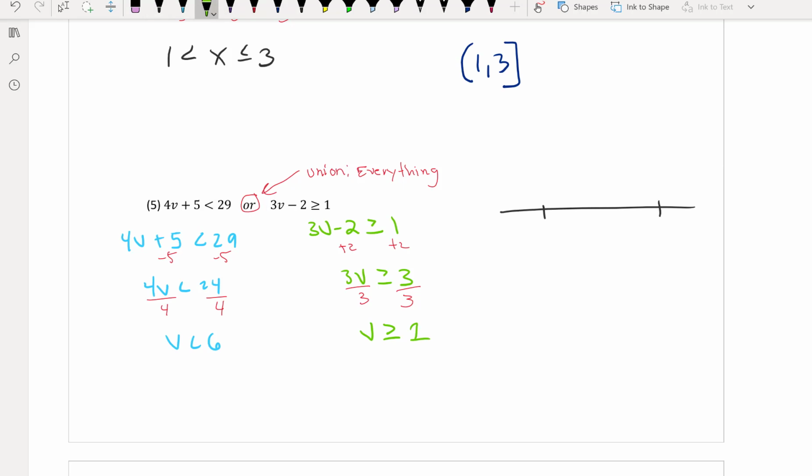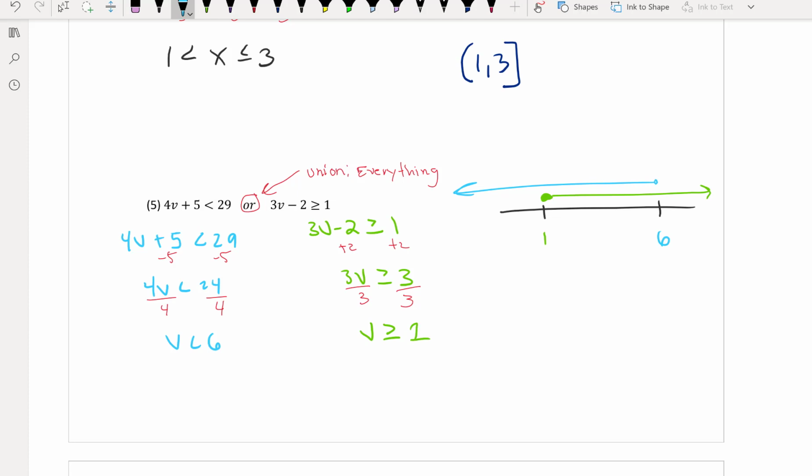So I have 1 and I have 6. So v is greater than or equal to a positive 1. That means it's a closed filled-in circle going in this direction. If v is less than 6, then it's an open circle and it's going this way. So notice how it's union, right? So it's everything.